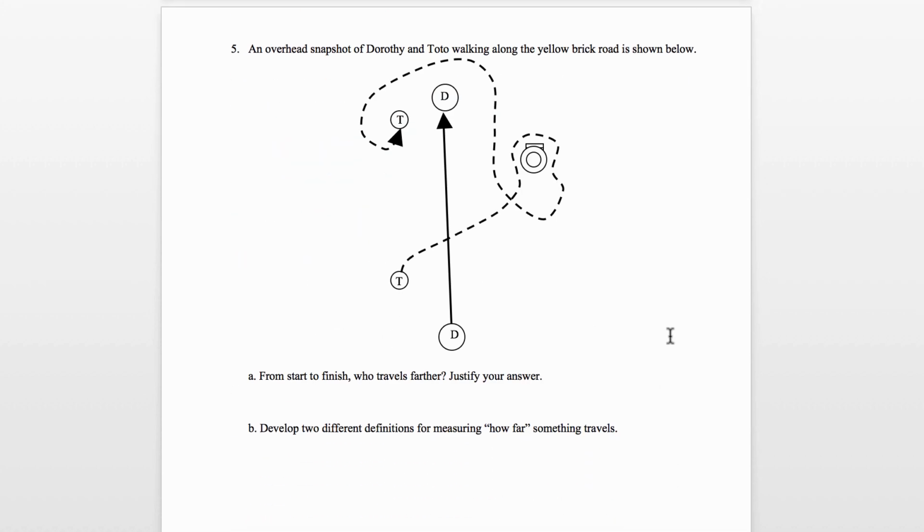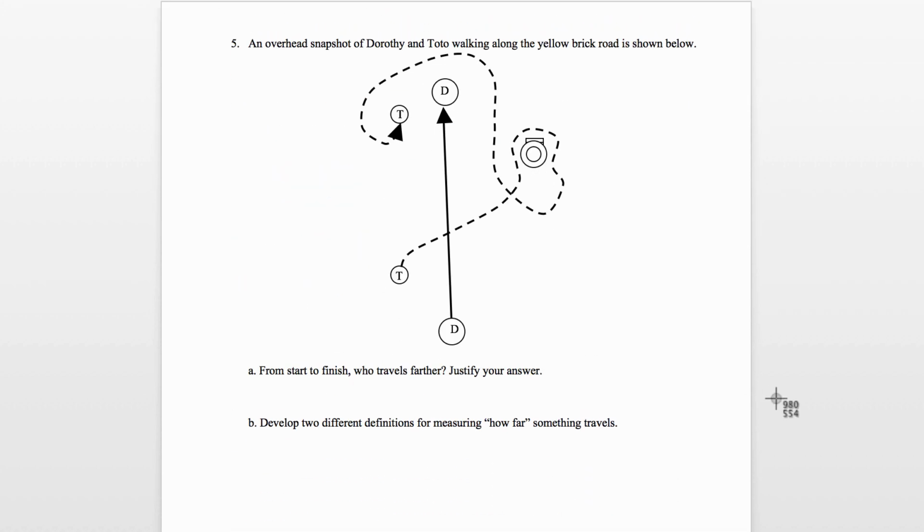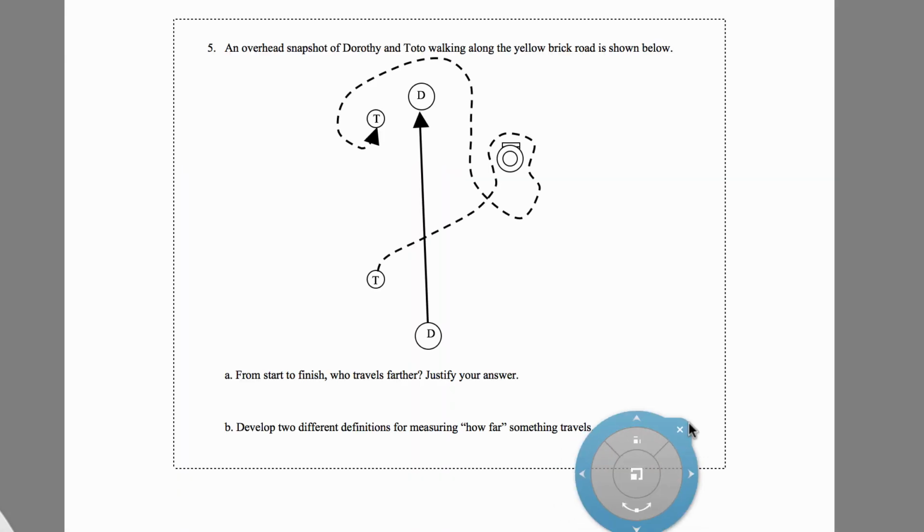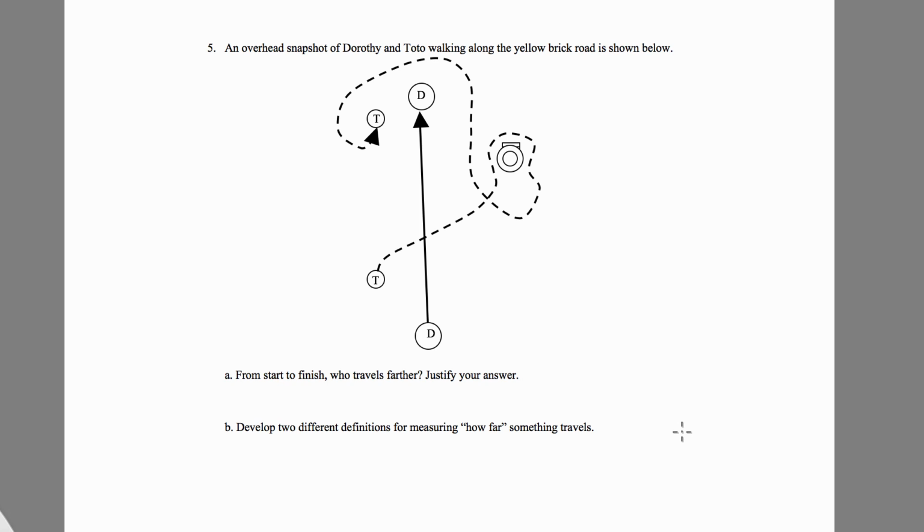And this is pretty quick. One more picture. Okay, going back to my sketchbook program. An overhead snapshot of Dorothy and Toto, assuming Wizard of Oz, walking along the yellow brick road shown below. This makes sense.